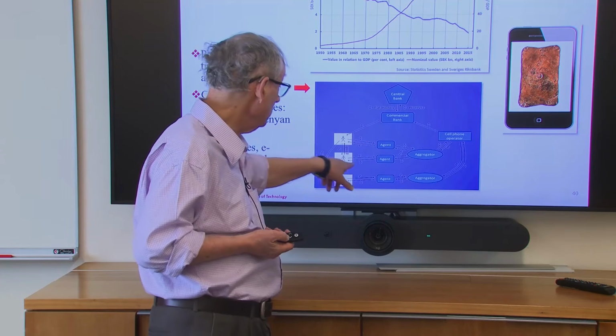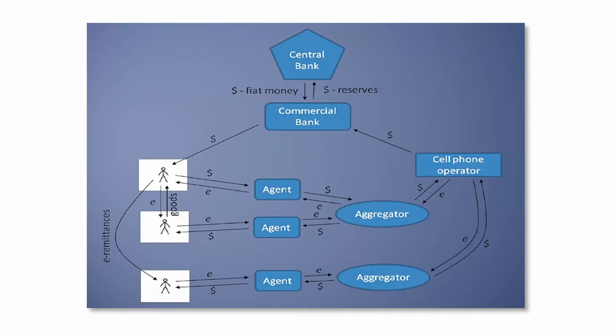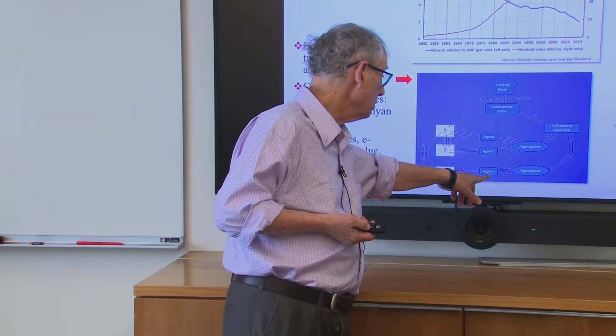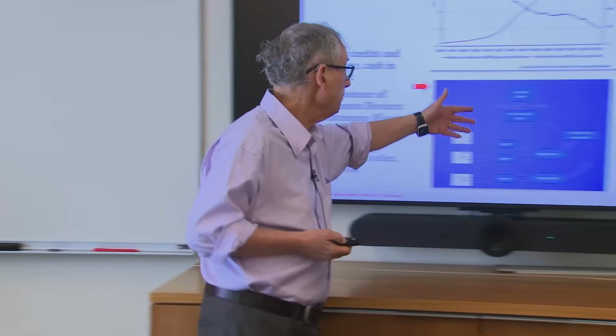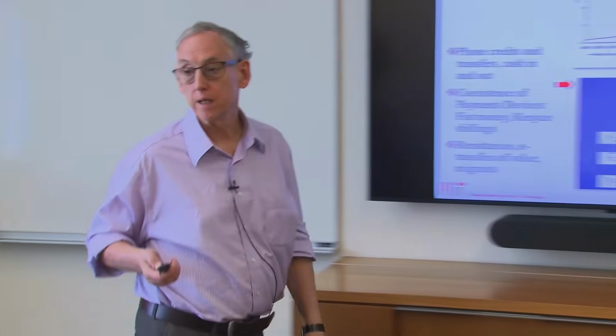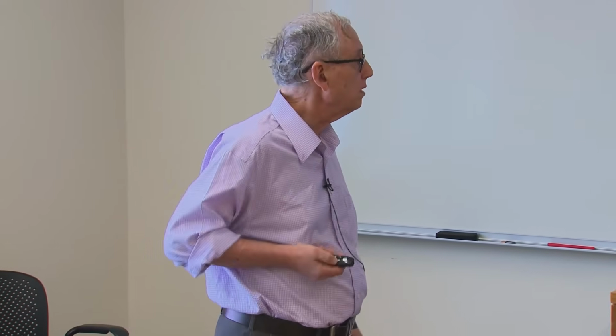This is like cashing in, cashing out, or sending money back home from Nairobi to his wife or mother, still in the village, and she would take it to a local agent and cash out. It's a dual currency system. You have the e-money part of it, which are the phone credits, and the paper currency, ultimately backed by accounts at the central bank. It actually works pretty well.